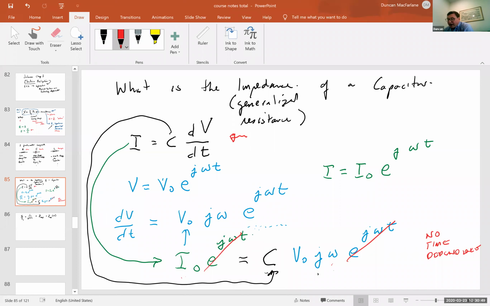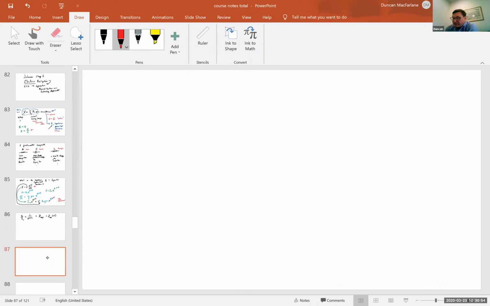These V equals IR, this I equals C dV/dt, and then this next one, V equals L dI/dt. That's all a consequence of those experiments.